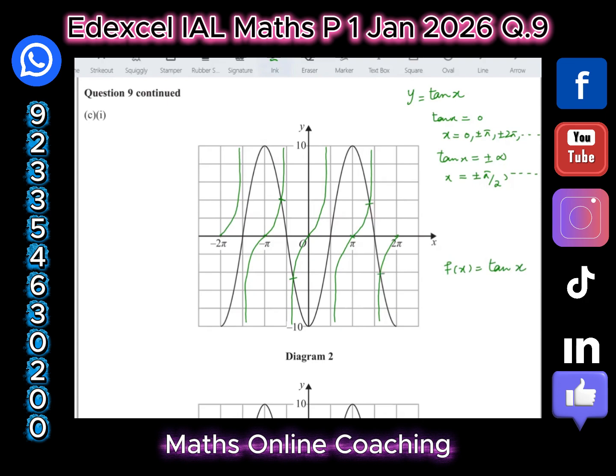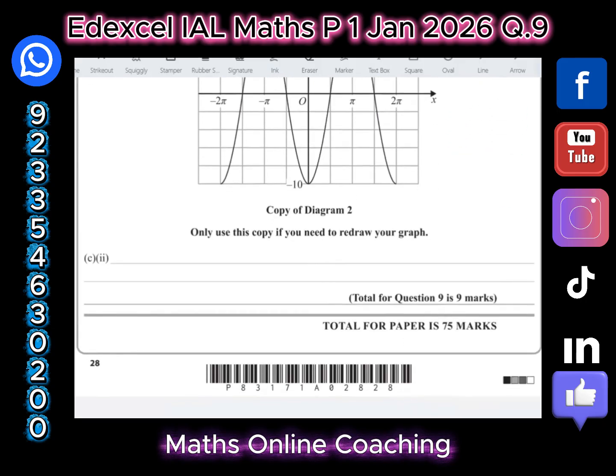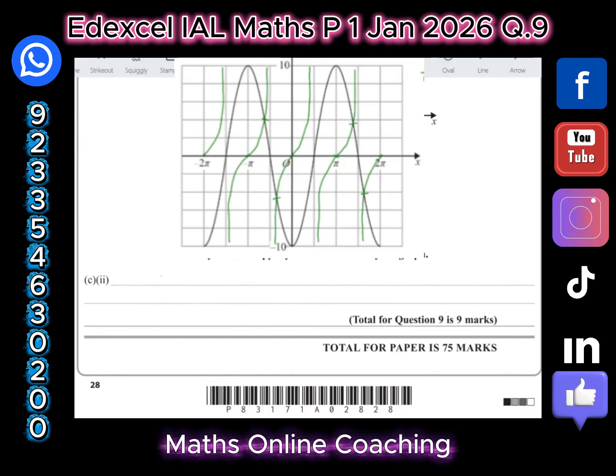So there are 4 points of intersection and so 4 solutions of this equation f of x is equal to tan x. These solutions lie within the interval greater than or equal to minus 2 pi and less than or equal to 2 pi.